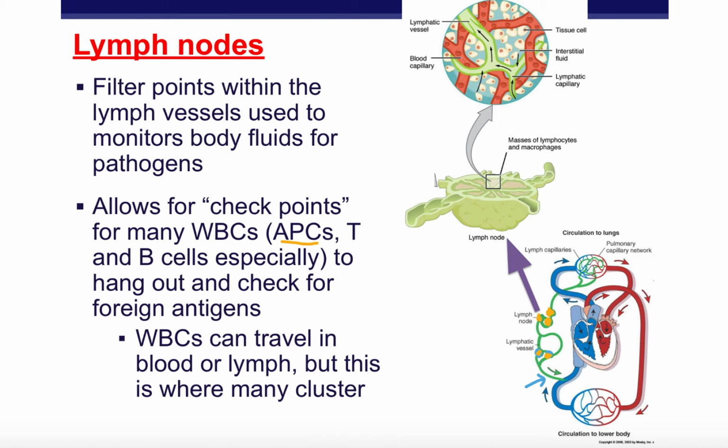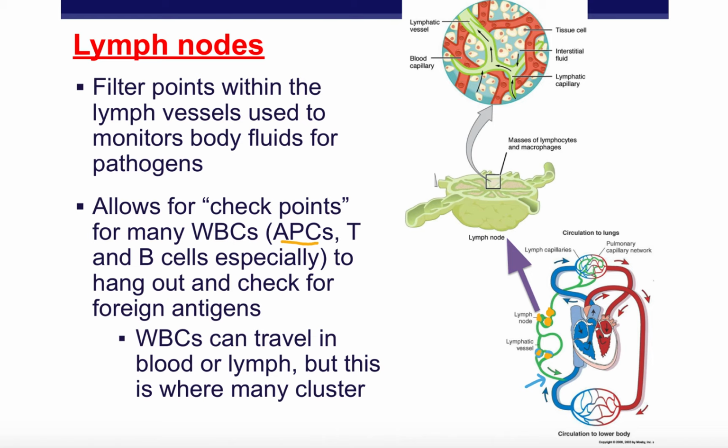Because what they're doing is they're hanging out there in search of antigens for potential pathogens that may be present in your body. And because you have this fluid system that's kind of slow, it gives plenty of time for screening. You can put all your white blood cells there, because we know eventually any fluid in your body, whether it's in your regular tissues, your interstitial fluids, your bloodstream, etc., is going to enter the lymphatic system and pass through a lymph node.